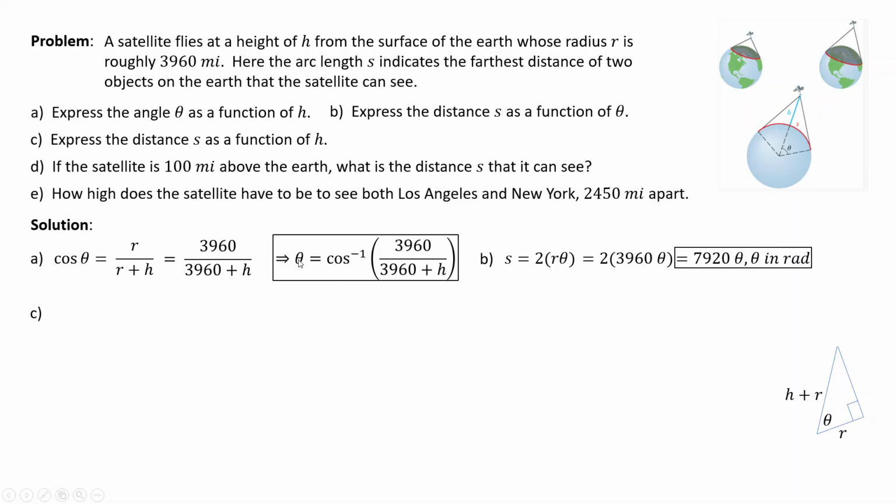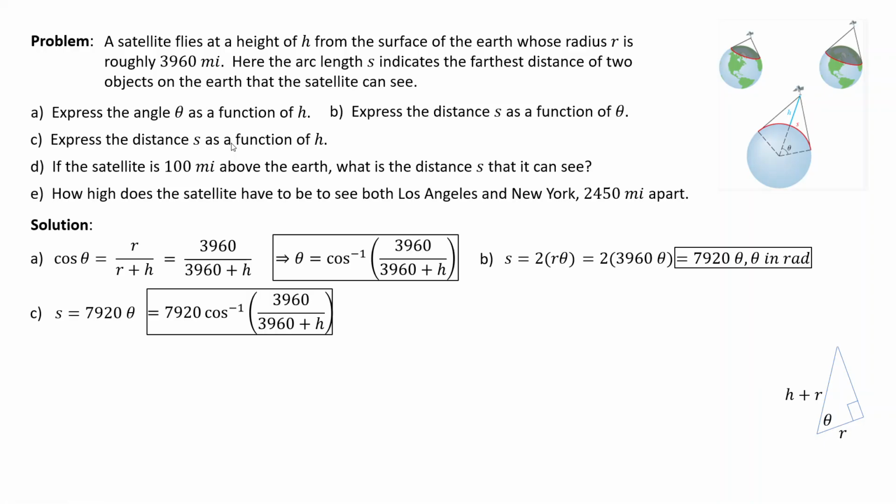So if we replace theta with this expression, we got s as a function of h. That's all I did. S is 7920 theta, and then I replace theta with a cosine inverse of 3960 over 3960 plus h. And so we got s as a function of h, just as this wants us to.